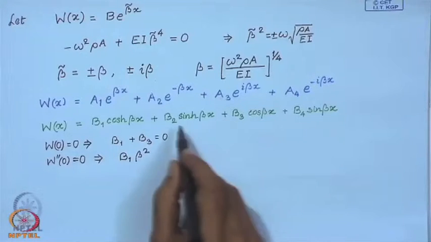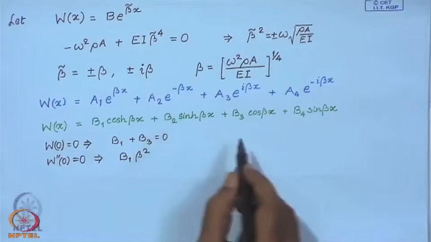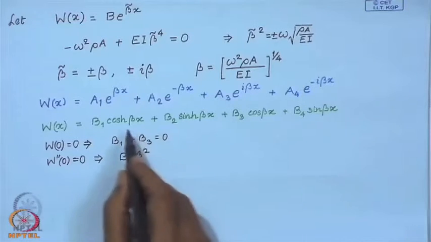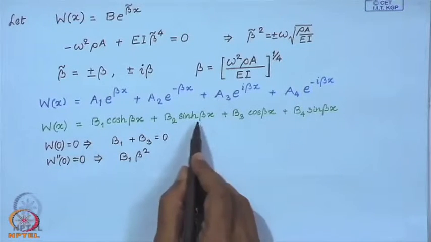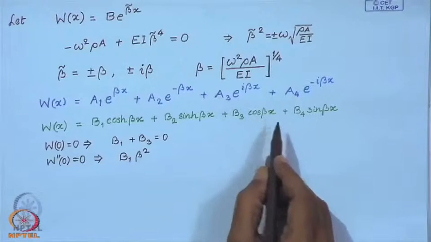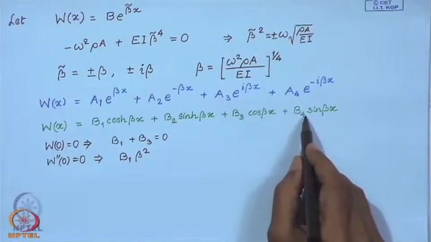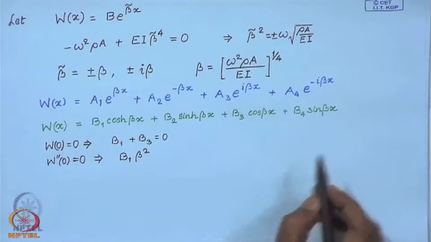All these terms will get differentiated 2 times, so they will be cos beta square, cos hyperbolic beta square, sin hyperbolic, minus beta square cos beta, minus beta square sin beta.